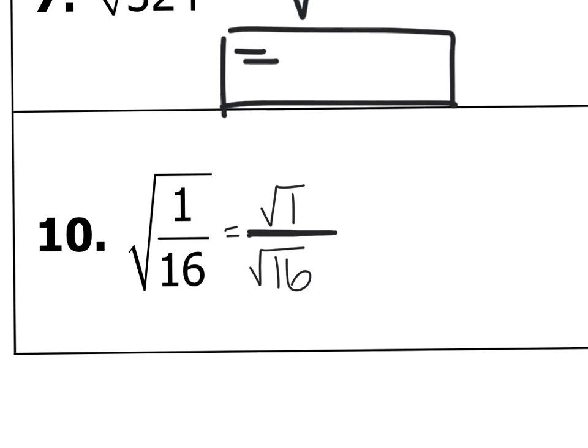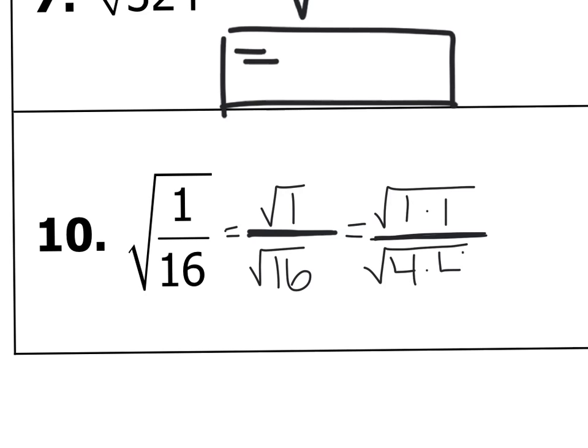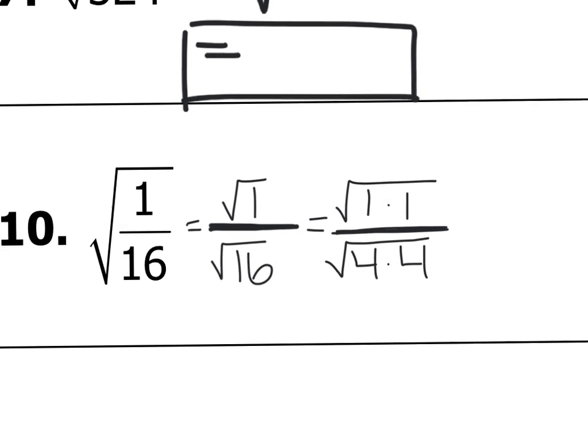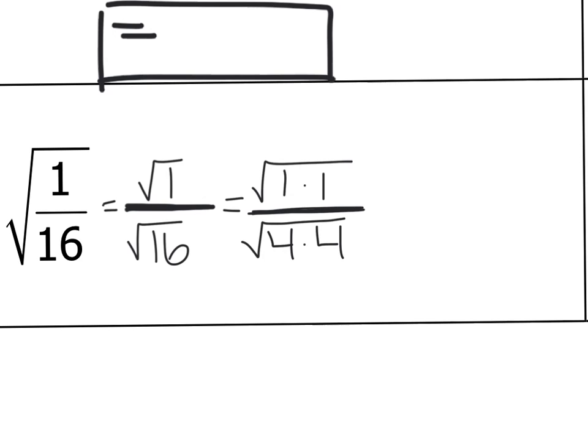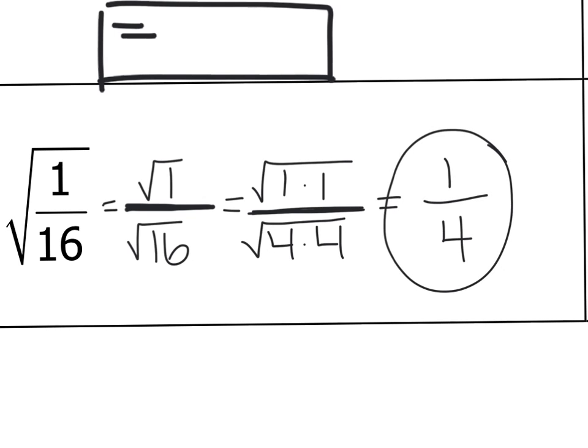I know that the square root of 1 is the same thing as saying the square root of 1 times 1, and that the square root of 16 is the same thing as 4 times 4, since 1 times 1 is 1 and 4 times 4 is 16. So how does it simplify? Well, the square root of 1 is going to be equal to 1. The square root of 16 is going to be equal to 4. So my answer is 1/4.